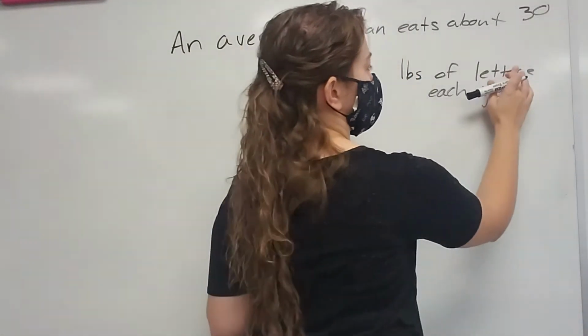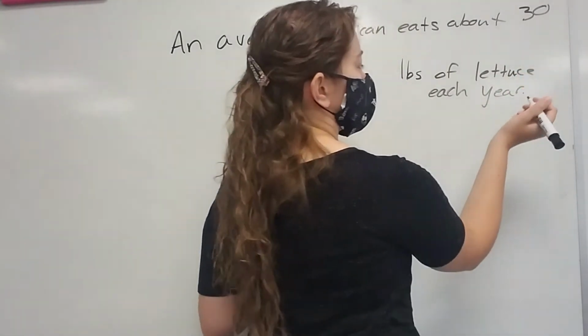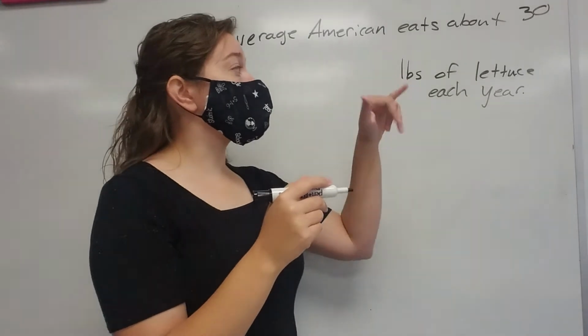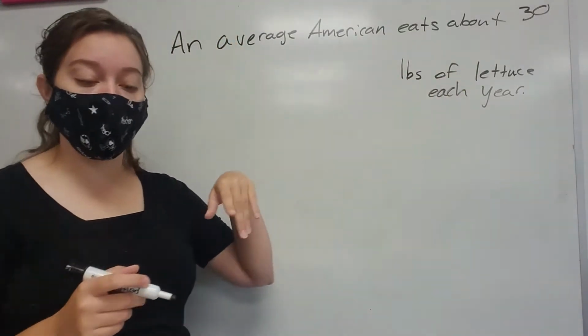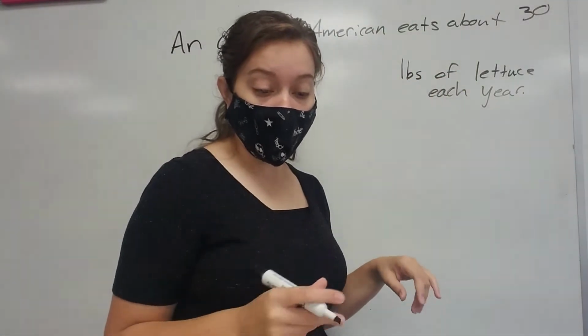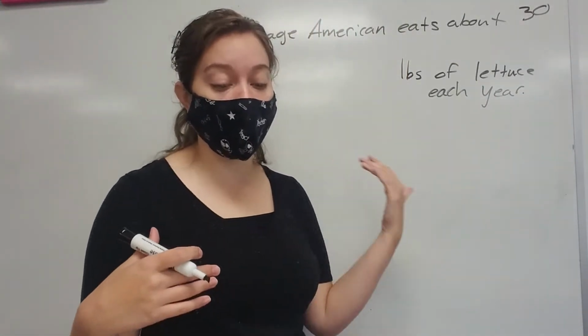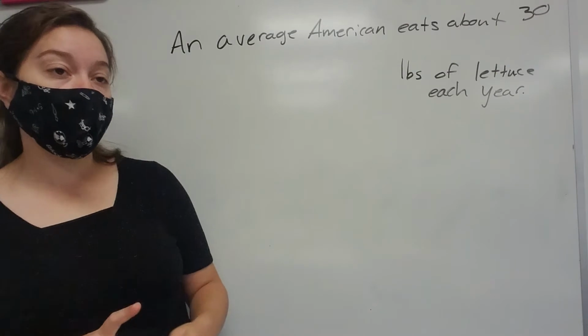Okay. So, the average American eats about 30 pounds of lettuce each year. I abbreviated pounds, that's what that is. Okay, the instructions say draw a line between the complete subject and the complete predicate and underline the simple subject.